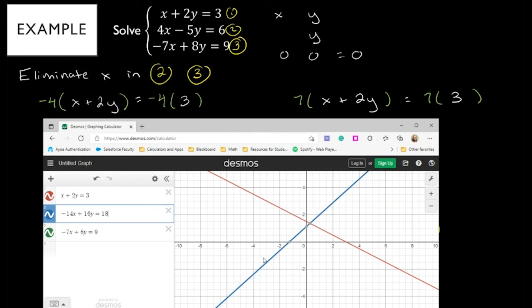So if your green and blue were on top of each other, you would have one solution because there's still only one intersection point here. If all three equations are on top of each other, then you have infinite solutions.